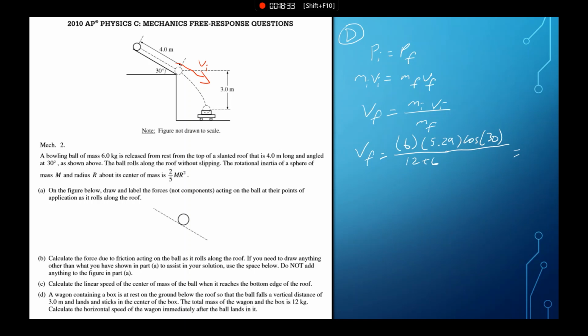So that's going to be root 3 over 2. 1.73. Did you multiply by the root 3 over 2? Yeah, I did. Okay, let me try that really quick.